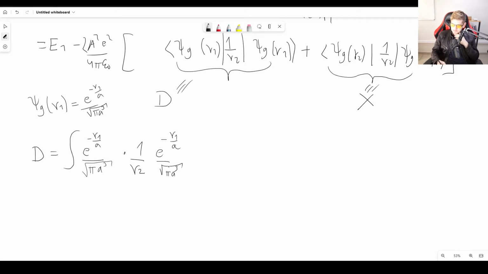All right. And of course, we are integrating in spherical coordinates. So we need to add this r2 or r1 squared sine of theta dr d theta d phi, just as we did before. But this time, we already have our 1 over r2. And remember, what we did last time was that we did the following.